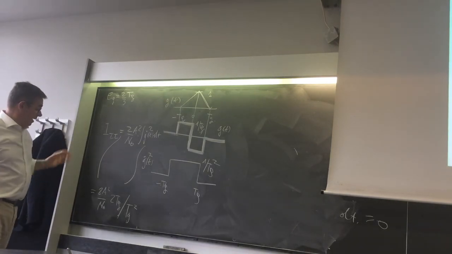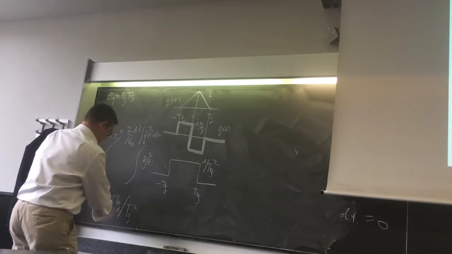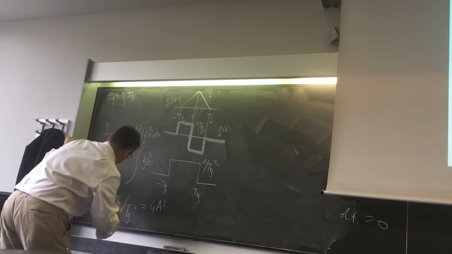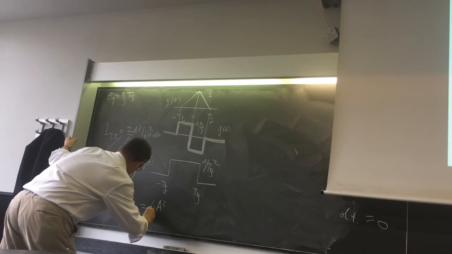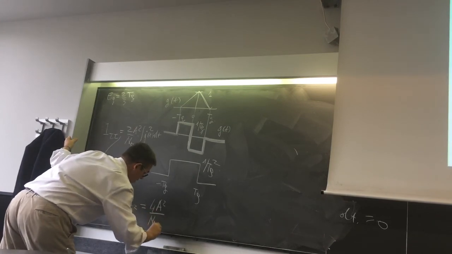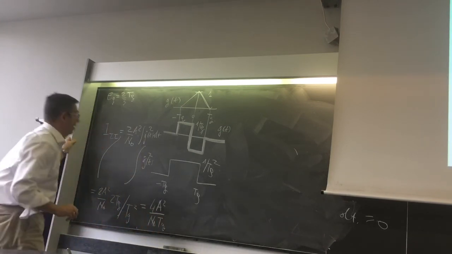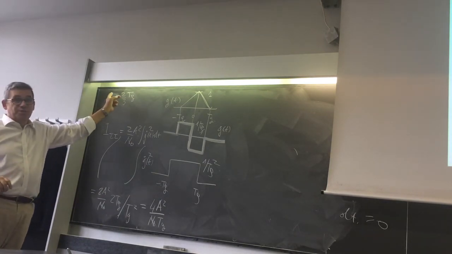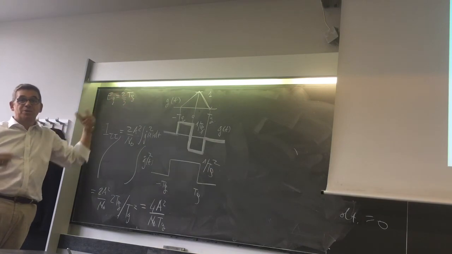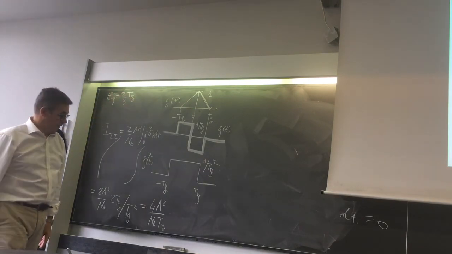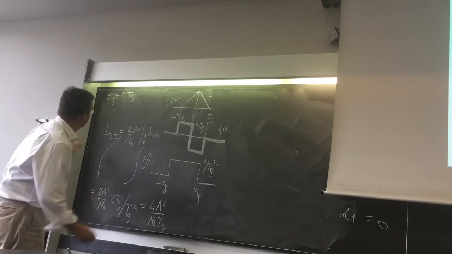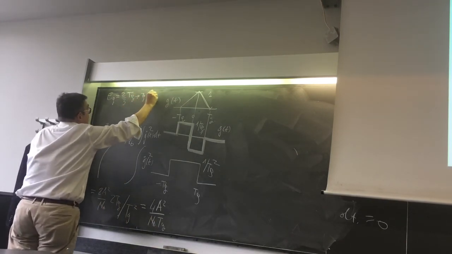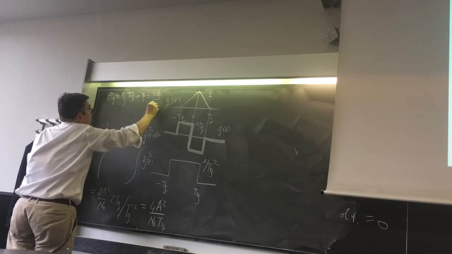Which is equal to 4a squared divided by n0 divided by tg. But I prefer to write tg in terms of the energy, because it is meaningful. So tg is equal to 3 Eg divided by 2.